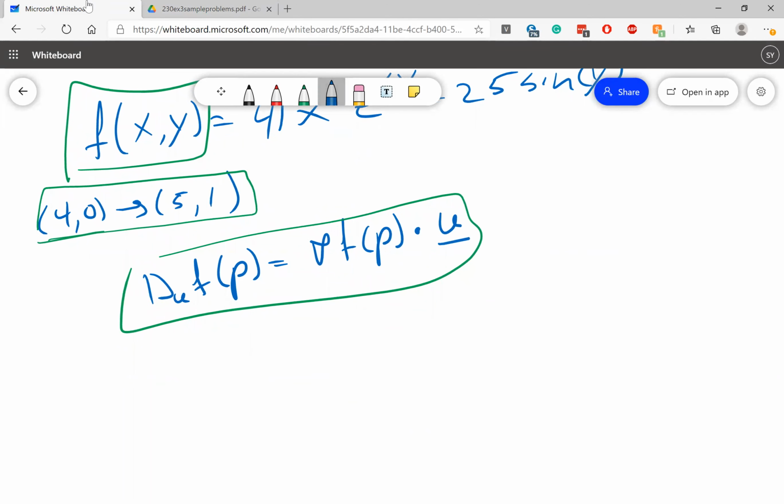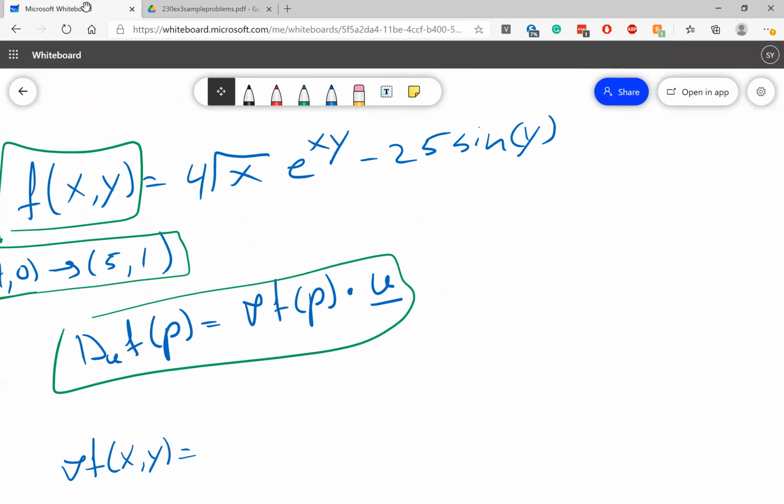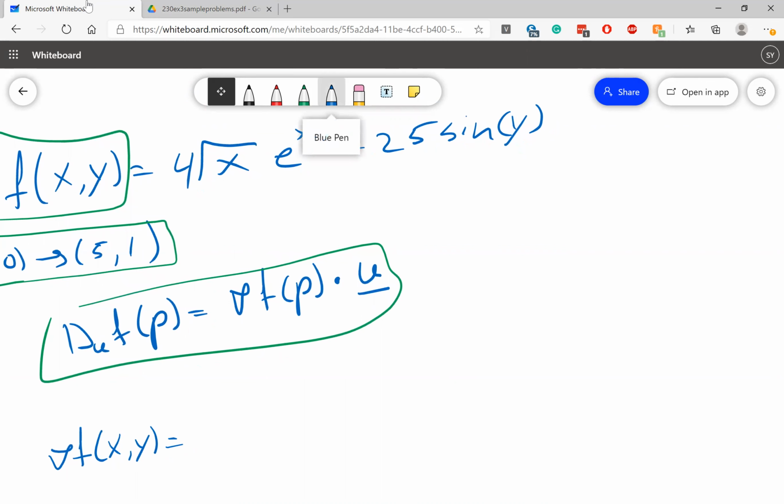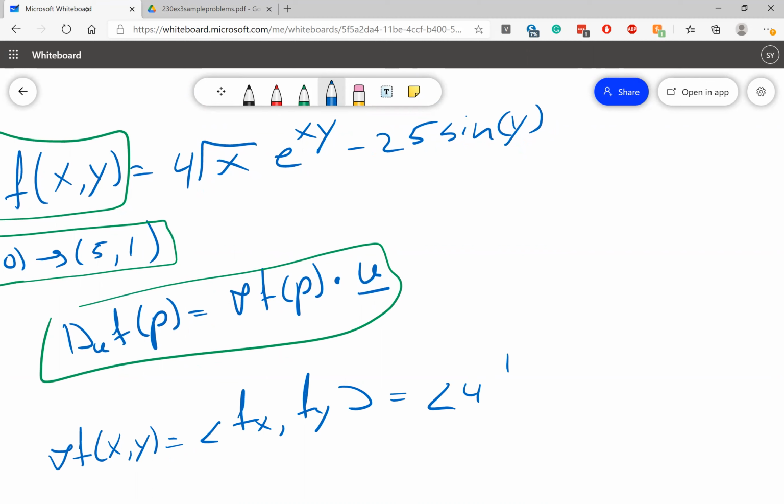So the gradient of f at (x, y) is equal to, so for the first part we have the product rule. So this would be f with respect to x, f with respect to y, which is going to be equal to 4 times 1 over 2 square root of x e to the xy plus 4 square root of x e to the xy times y.